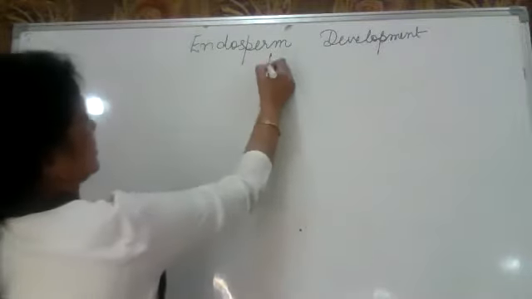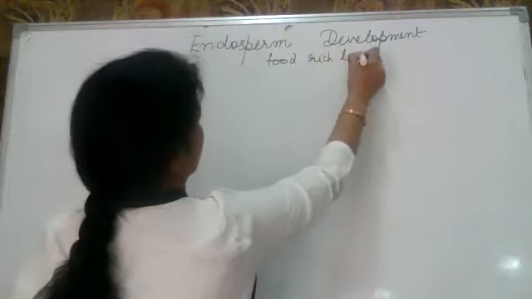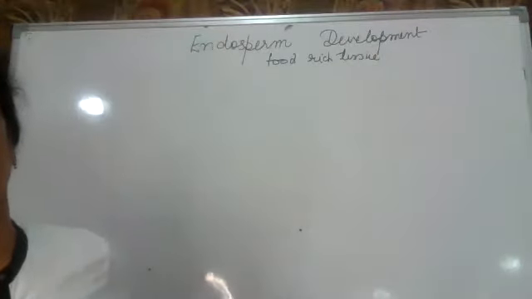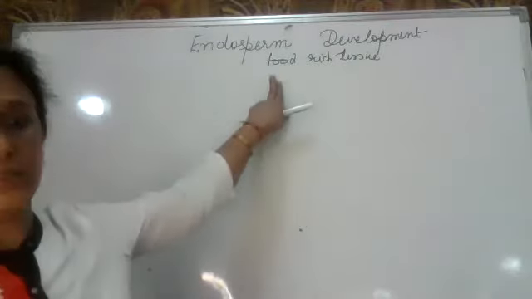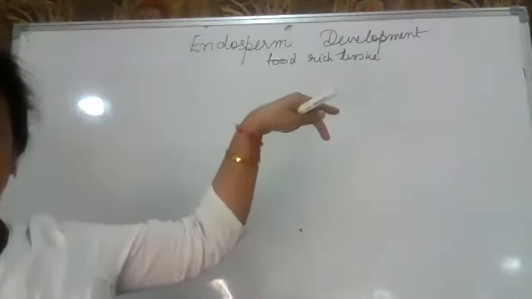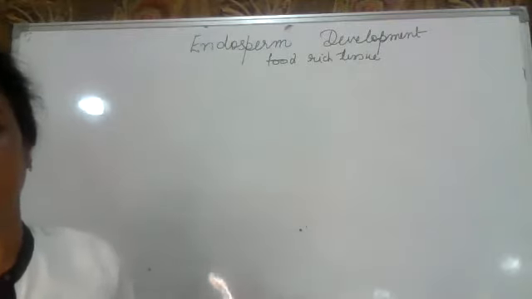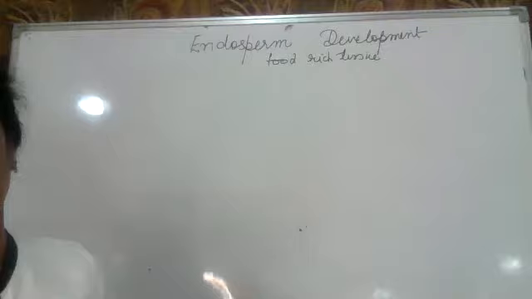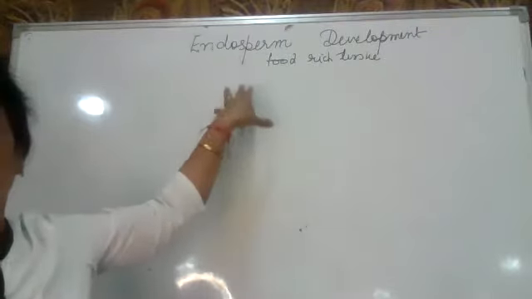It has dense cytoplasm. This food is there because when the zygote starts dividing and the embryo is formed, it needs nourishment. This nourishment is provided by the endosperm.